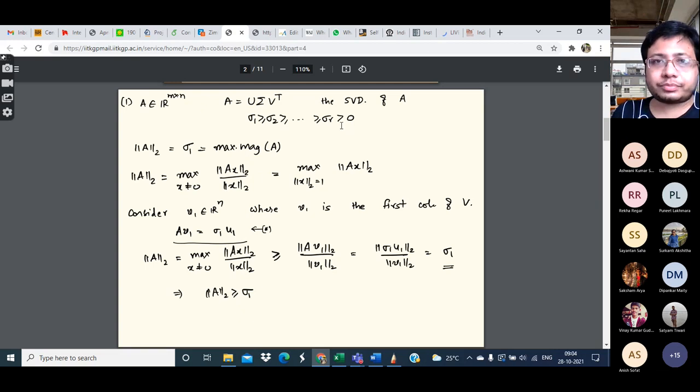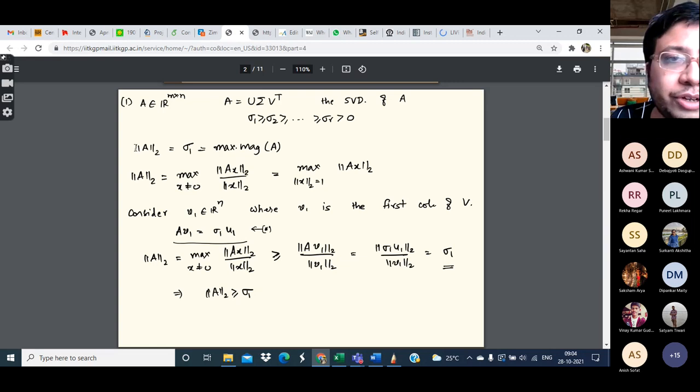But if the rank r is less than n, then the remaining singular values, that is sigma r plus 1, r plus 2, all the way up to sigma n, are going to be 0. So the number of non-zero singular values is equal to the rank of the matrix.